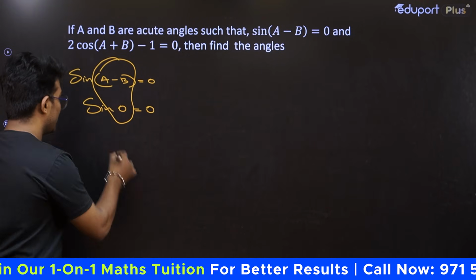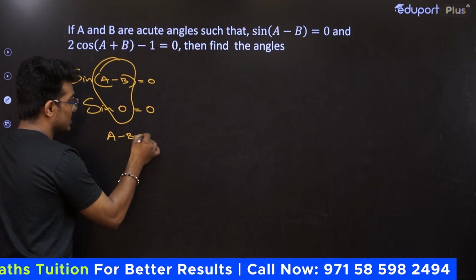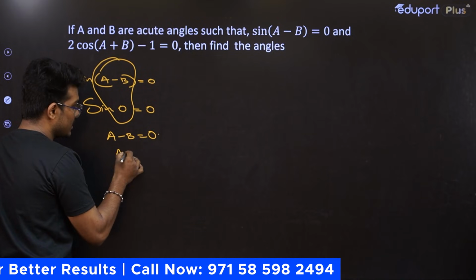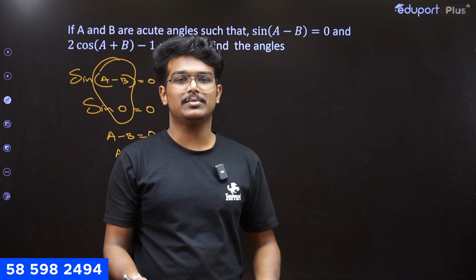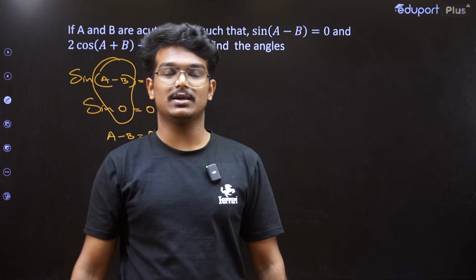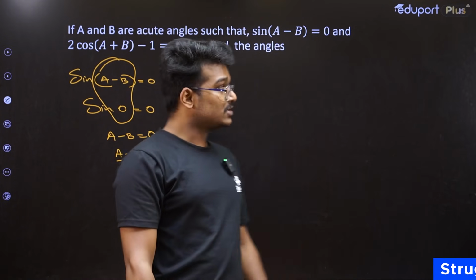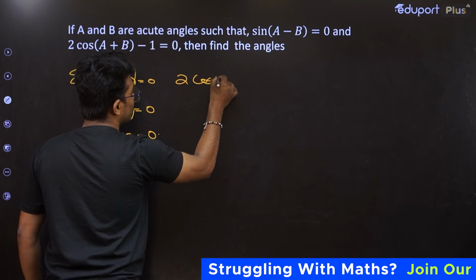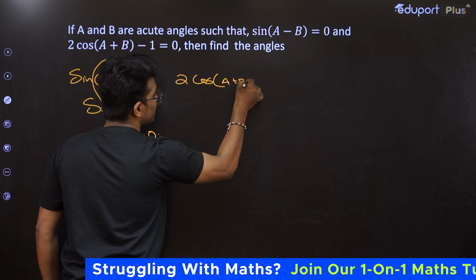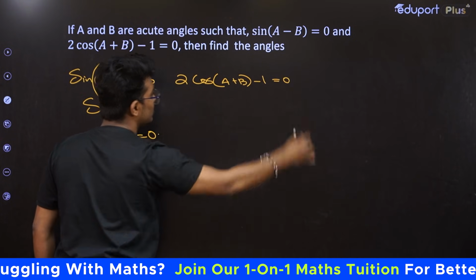So we can write that A minus B is equal to 0. Then A is equal to B. Then the next one is 2 cos (A plus B) minus 1 is equal to 0.